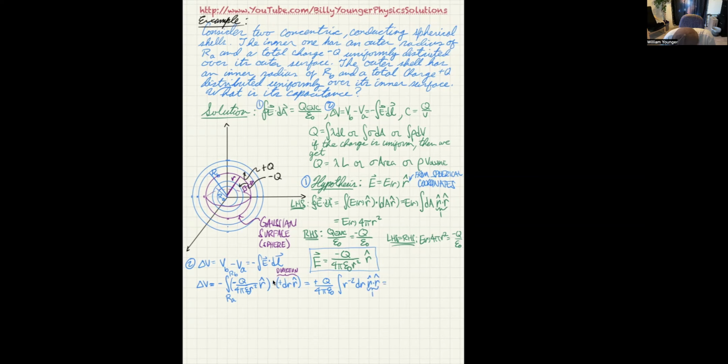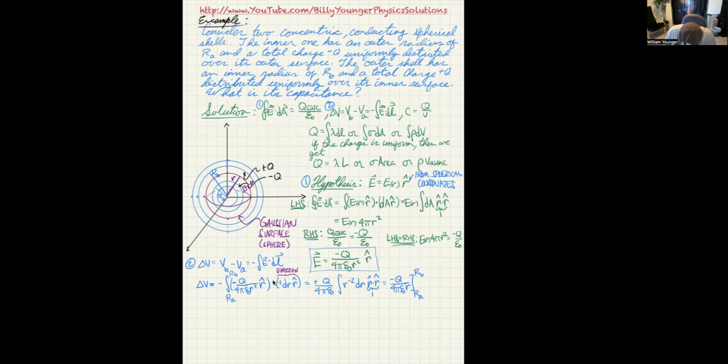Now the integral of r to the negative 2 is negative r to the negative 1. So now I'm going to get negative Q over 4 pi epsilon naught r, and that's going to be evaluated from RA to RB.